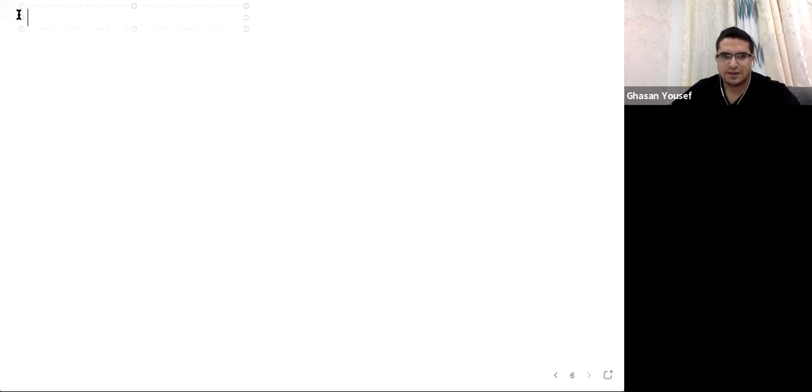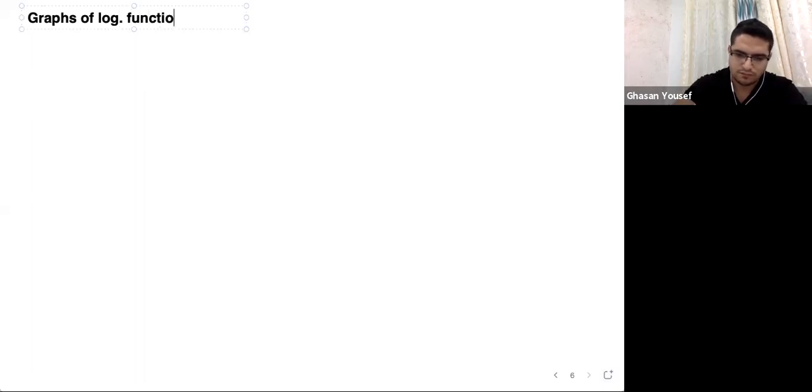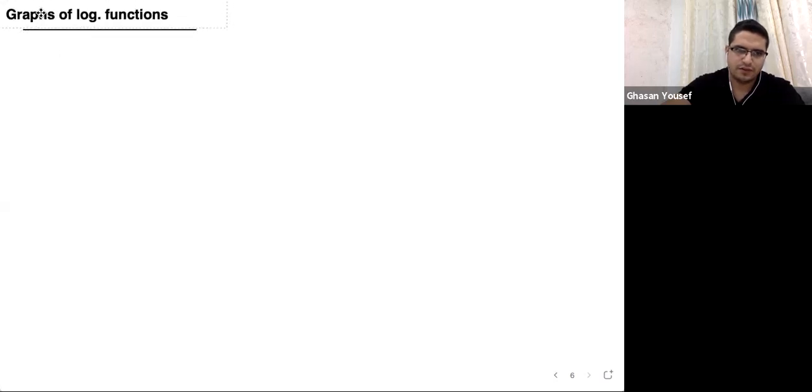Before the example, graphs of logarithm functions. I will show you how to graph any logarithm function by using plotting points first, then we'll go over transformations.